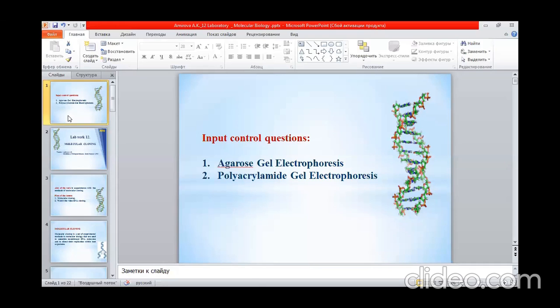Polyacrylamide gel electrophoresis is a technique widely used in biochemistry, genetics, molecular biology, and biotechnology to separate biological macromolecules, usually proteins or nucleic acids, and the electrophoretic mobility is a function of the length, conformation, and the charge of the molecule.